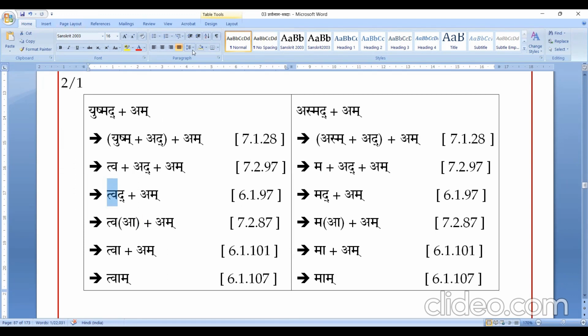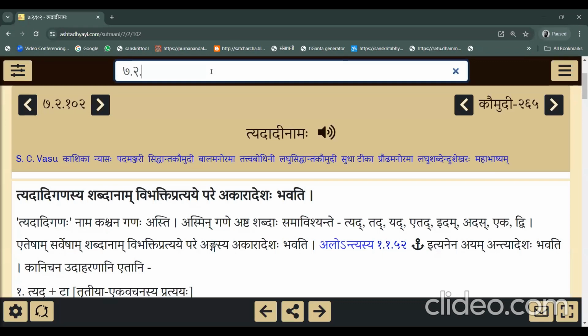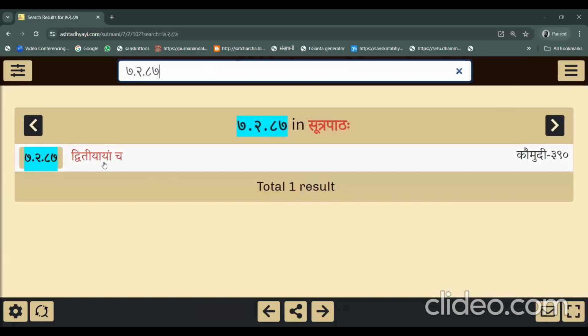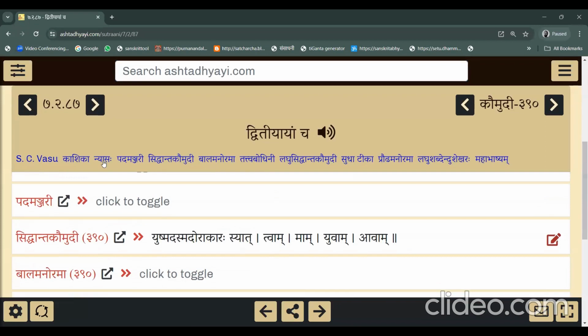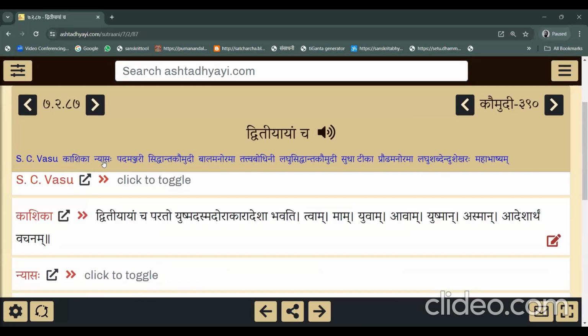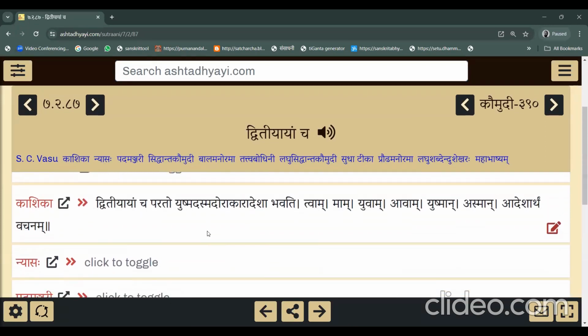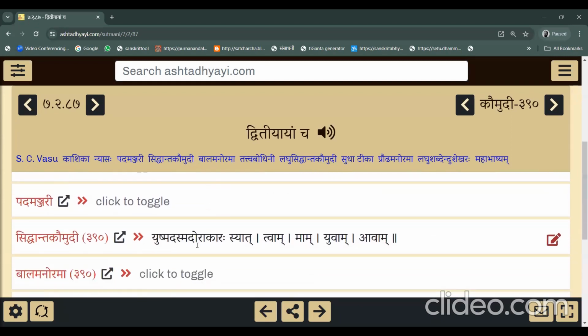If you see 7.2.87 on the website, I've not seen what I have said here. Very good. They have not said anything. Yushmadasmadoh akarasya. So we need to apply the sutra, not the shesha lopa.